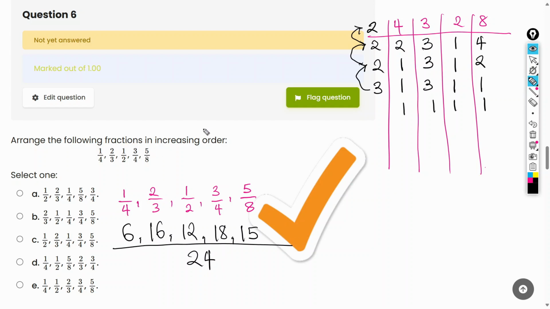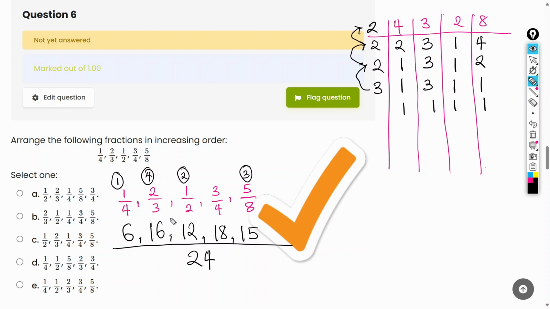Since we are going in increasing order, we start from the smallest to the biggest. So the smallest number here is 6. So 1 over 4 comes first. After 6, we have 12. So 1 over 2 comes next. After 12, we have 15. So 5 over 8 comes next. After 15, we have 16. So 2 over 3 comes next.